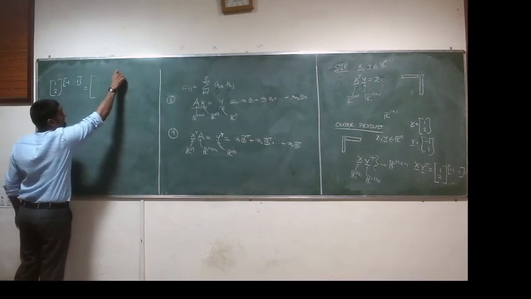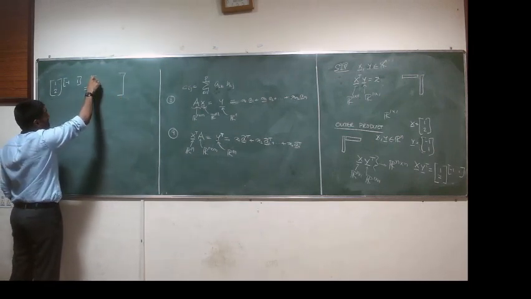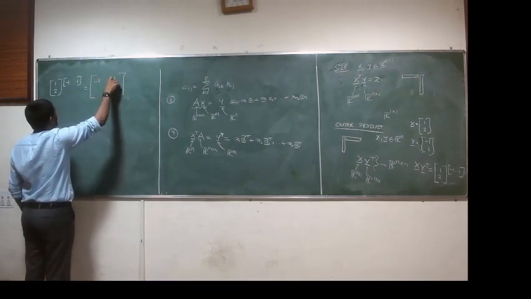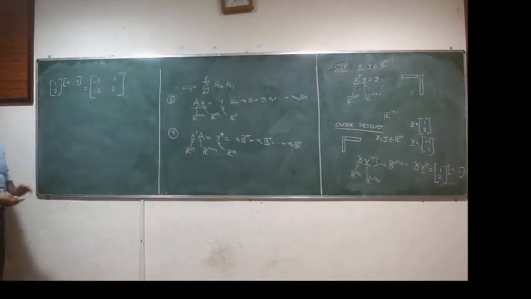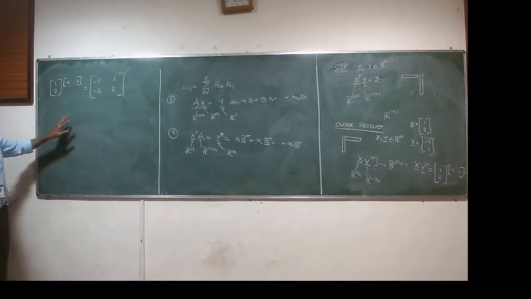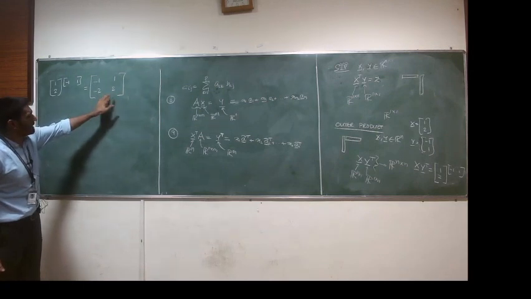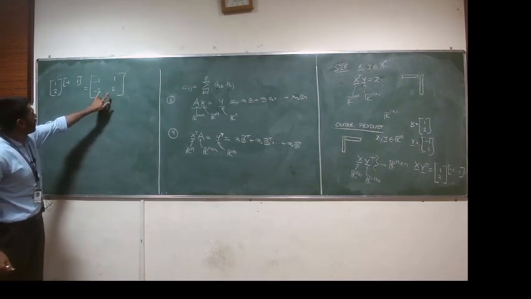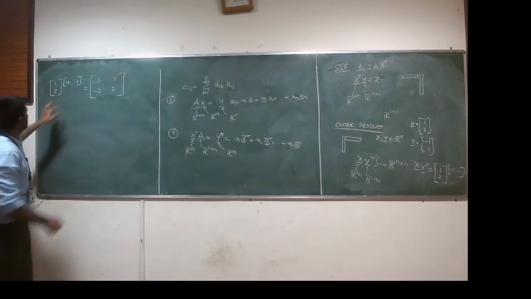What will you get as the resultant? It will be a 2 cross 2 matrix. What is the first term? How are the columns of this matrix related to x?